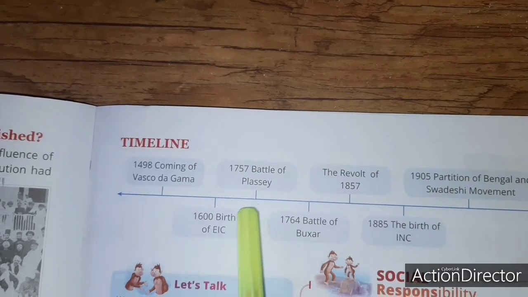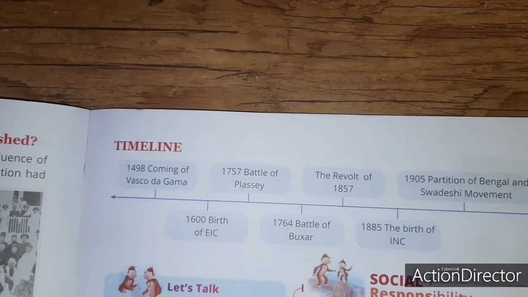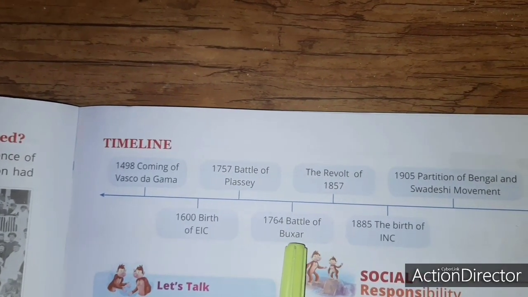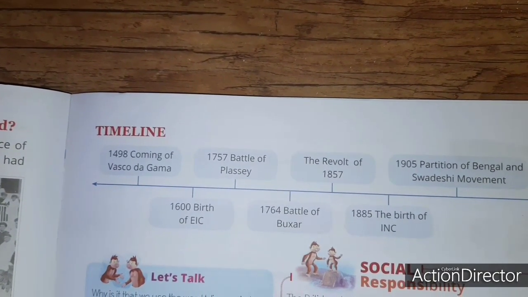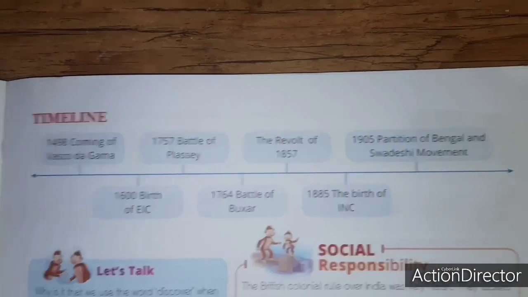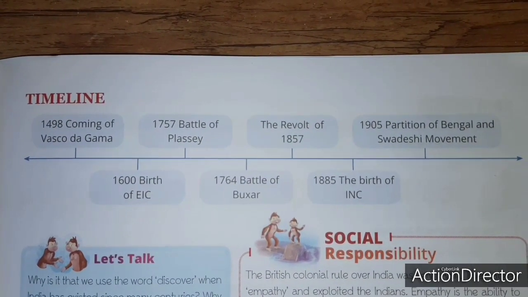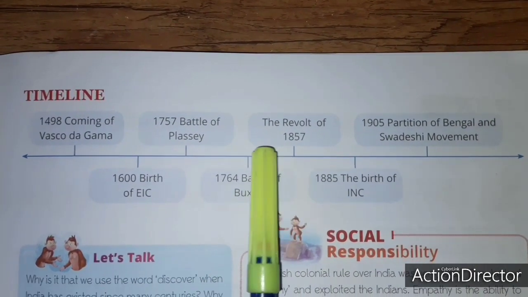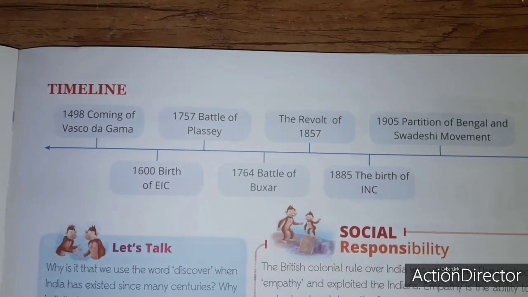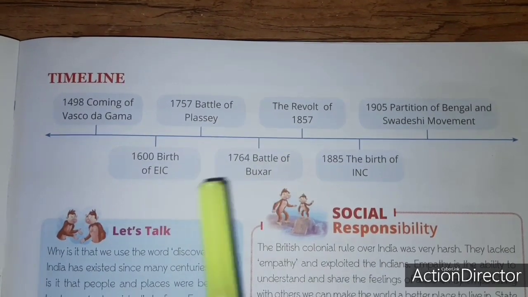And finally, first they fought with the Nawab of Bengal in the Battle of Plassey, and then the British fought with the United Army in the Battle of Buxar. Then they ruled all over India, and they were torturing the Indians. The first revolt of 1857 was initiated by Sepoy Mangal Pandey, Rani Lakshmibai, Tantia Tope and Nana Sahib.